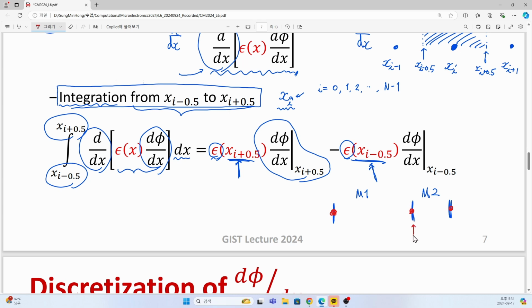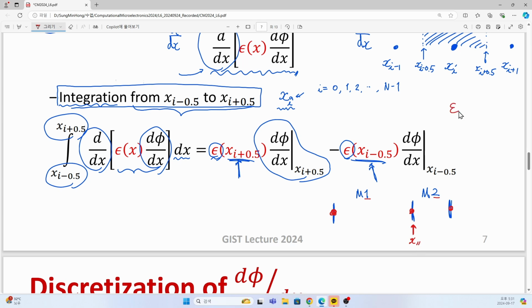At this point, it would be quite difficult to define whether it really belongs to material 1 or material 2. Let's say this corresponds to x sub 11.